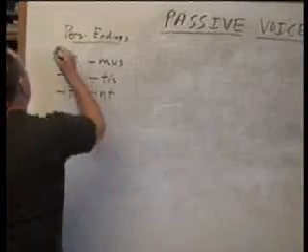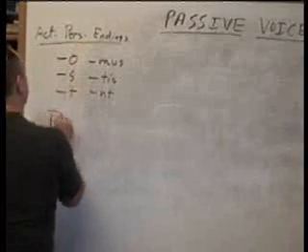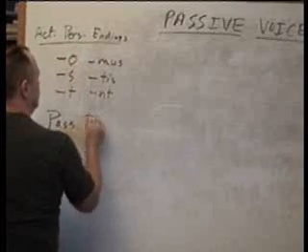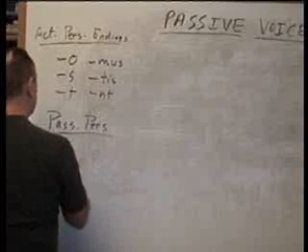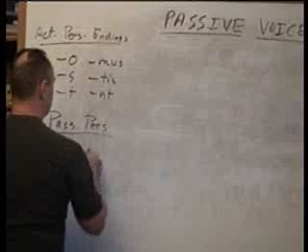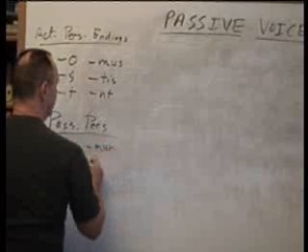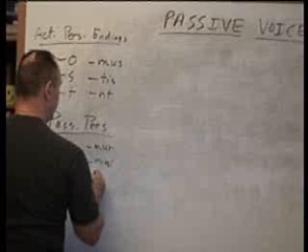Because these are active personal endings. We forgot to tell you that, didn't we? Because you're going to have a set of passive personal endings. Passive personal endings. And they're going to be ar, ris, tur, mur, mini, that is an n there, and ntur.